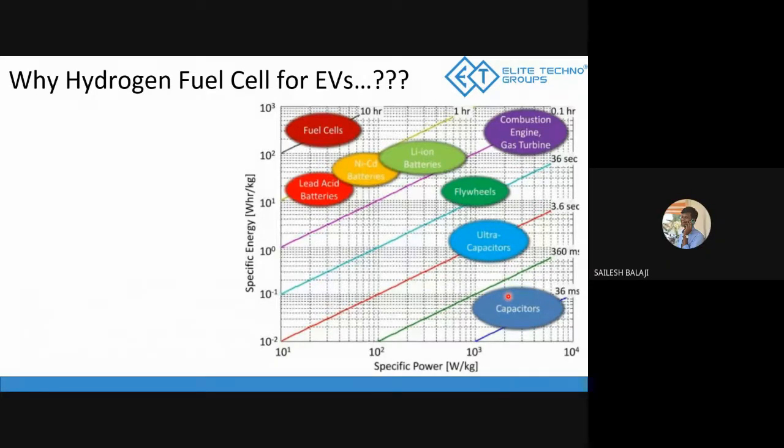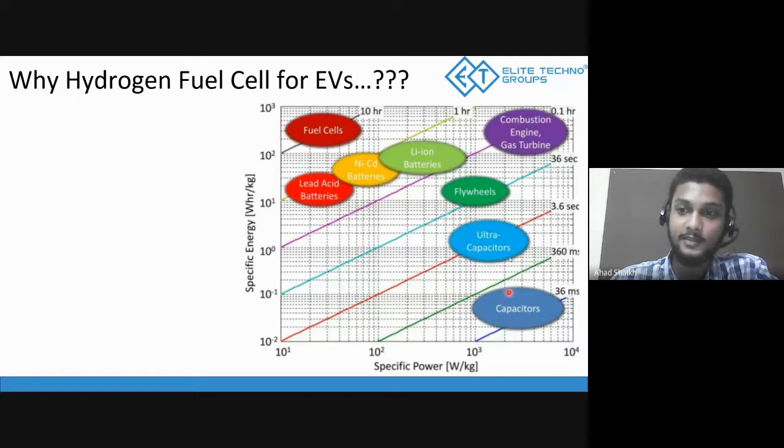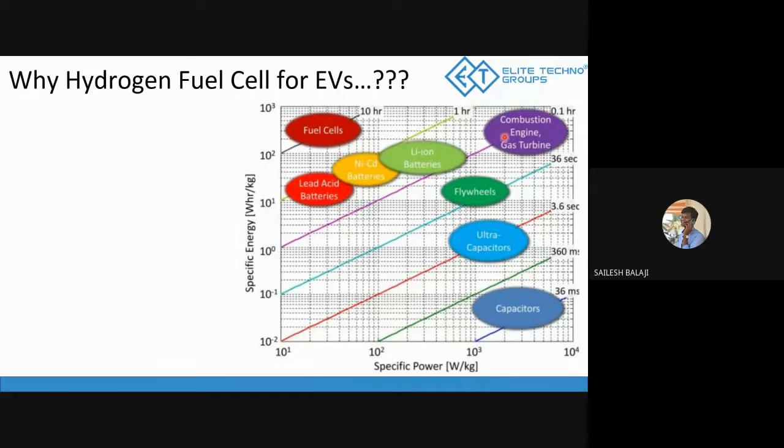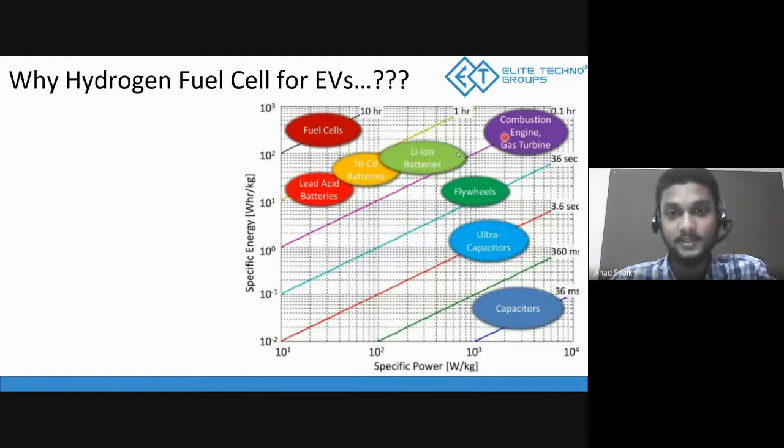So how can a machine work when we are using a capacitor, an ultracapacitor, lithium-ion batteries, lead acid batteries? Basically, all these devices are energy storage devices.